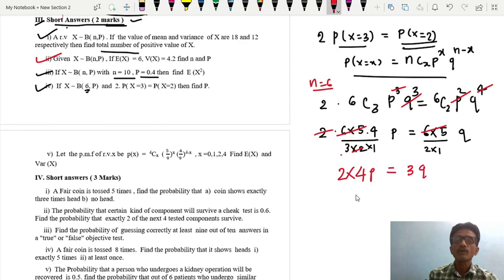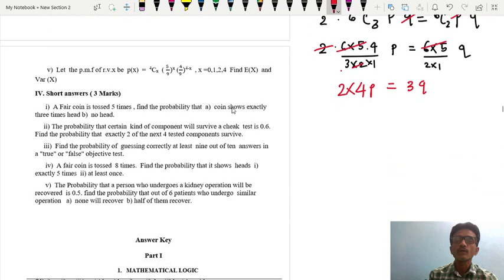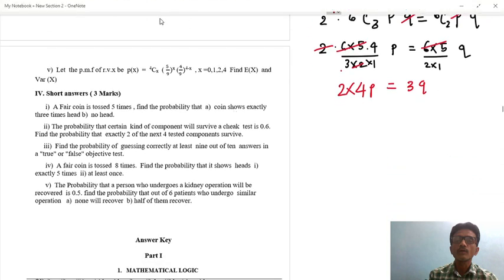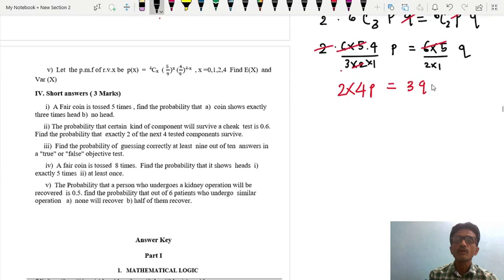That means, and this q we will write, this q is equal to what, 1 minus p. So it is q is equal to 1 minus p. This will be 3 into 1 minus p. So it is 8p, this is what, 8p and it is equal to 3 minus 3p.